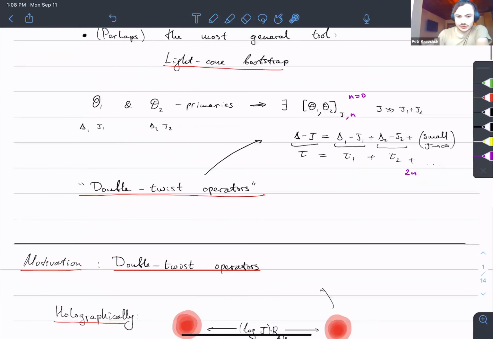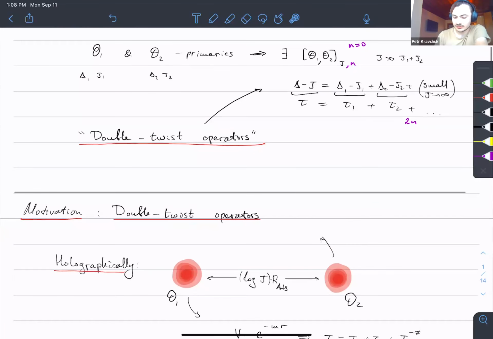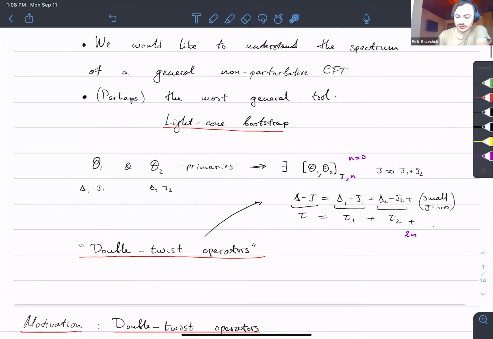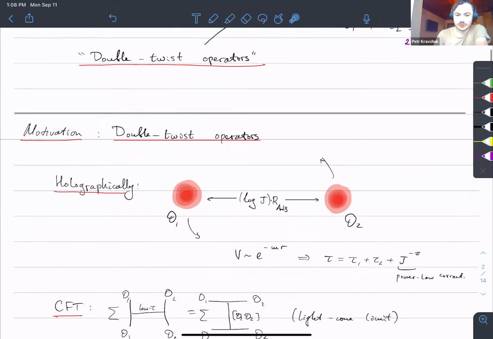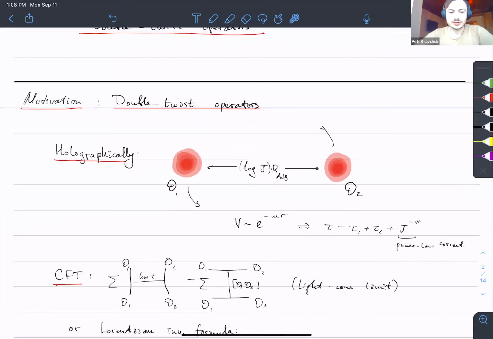So there are a few ways of looking at the basic intuition behind these double twist operators. One of the most intuitive, I think, is to think about this holographically, from the point of view of AdS space.